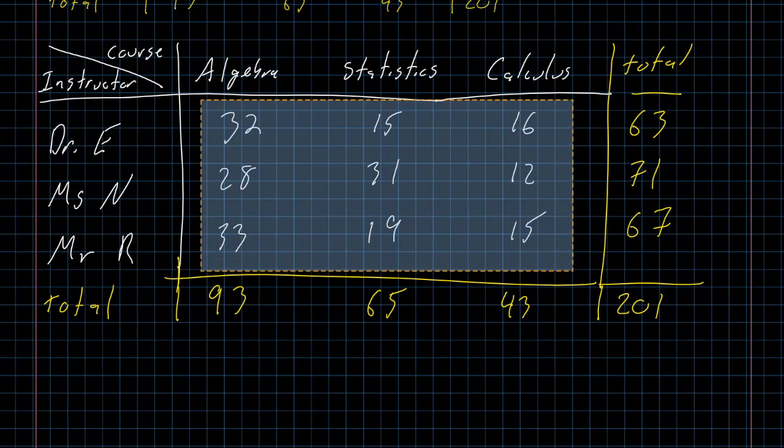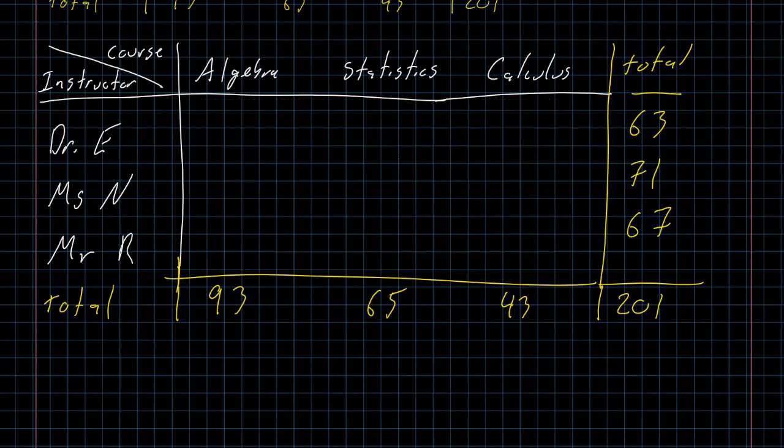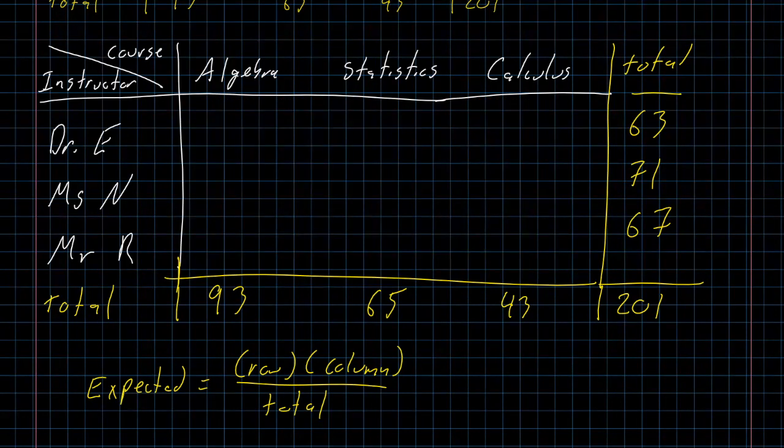And in this table in the middle, I'm going to get rid of all of the original data, leaving the totals. This is going to be my table for the expected value.